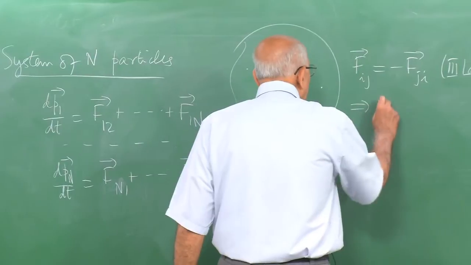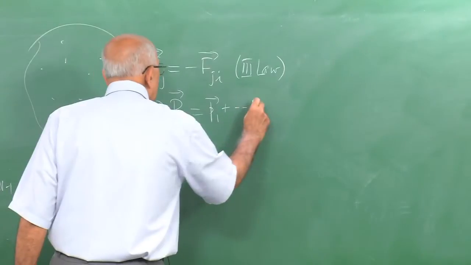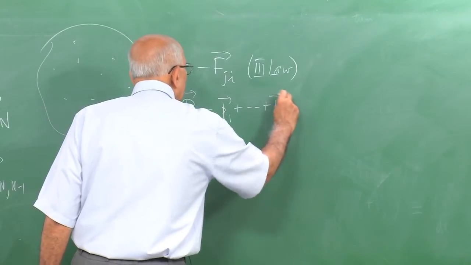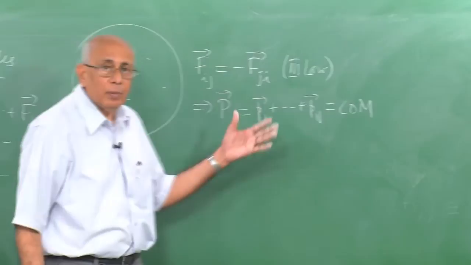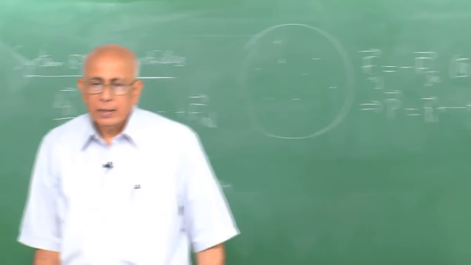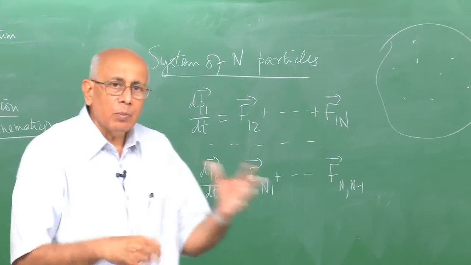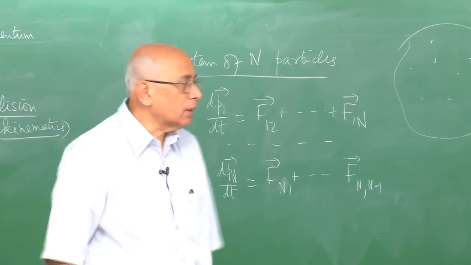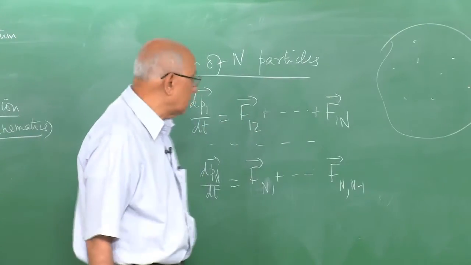This implied that P equal to P1 up to Pn equal to a constant of the motion. In other words, this combination of momenta has exactly the same value at all instants of time as the particles move and change their individual positions as well as momenta, but this sum remains a constant of the motion.